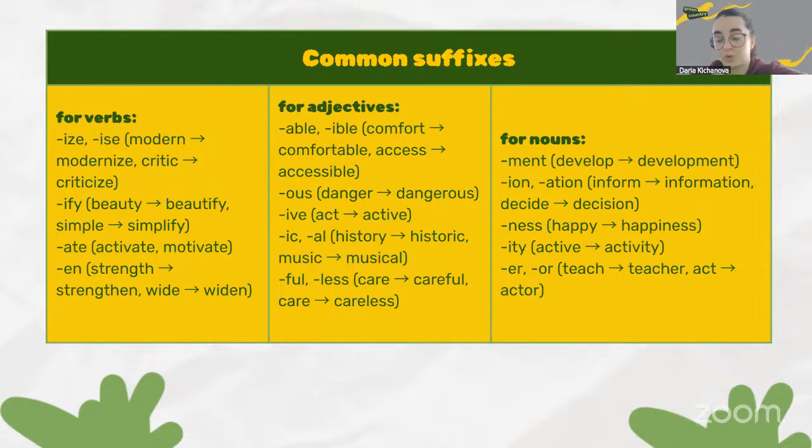If we're talking about adjectives, we have words like dangerous, or active, or -able, so comfortable, accessible, etc. So I would say that this tool can be helpful for you, and you may use it just to learn new words. Now, I want us to work more with one more tip.